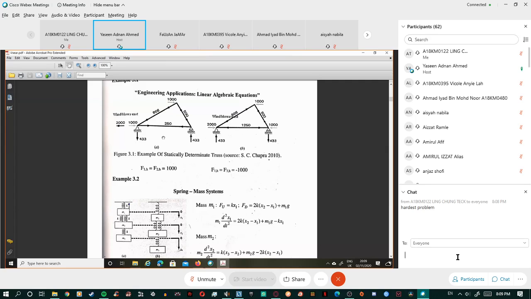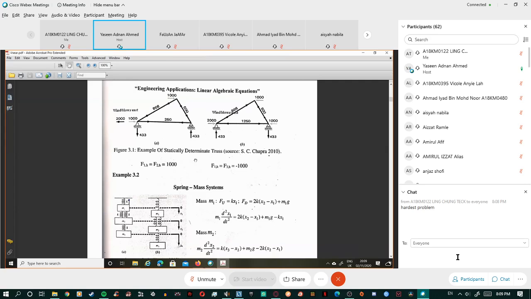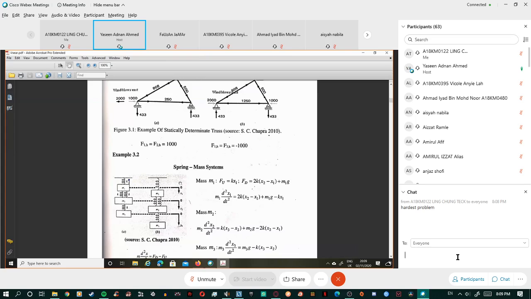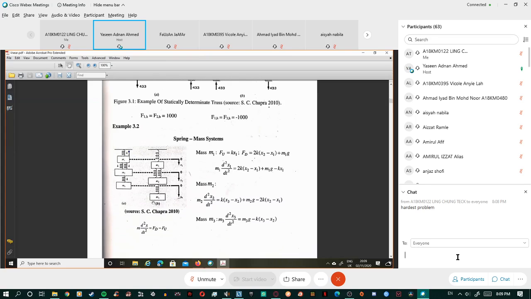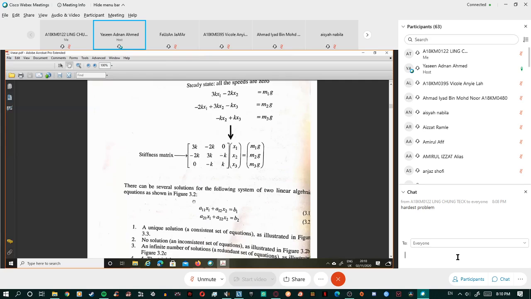Okay, so the main difficulty, the main strategy for this chapter is you have to find out the system of equations. The equations will not be given to you. Most of the time, for example, a spring mass system is given to you. Then you have to simplify it, apply your understanding, and find out the equations.